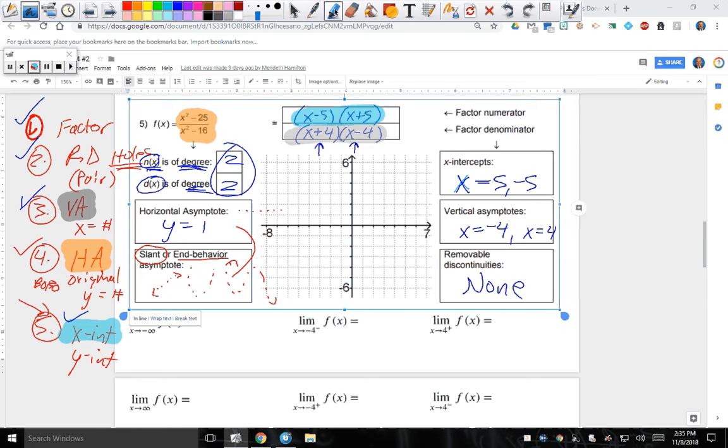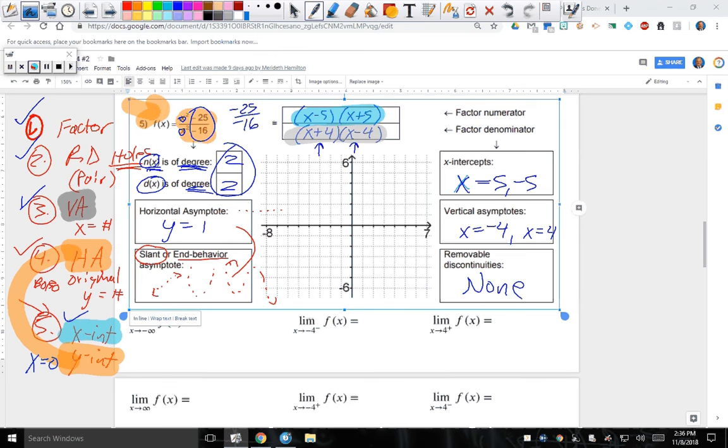Y-intercepts. I'm going to color coordinate this as orange also, because these two are really the only ones that you should be using the original one with. Because for y-intercepts, it's when I'm setting x equal to 0. So if I plug in 0 here and here, I'm left with this weird number of negative 25 over negative 16 as my y-intercept. And that's like what, 1 and 9/16?